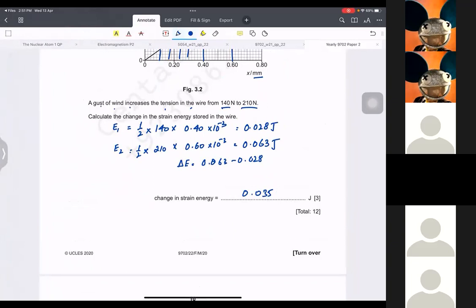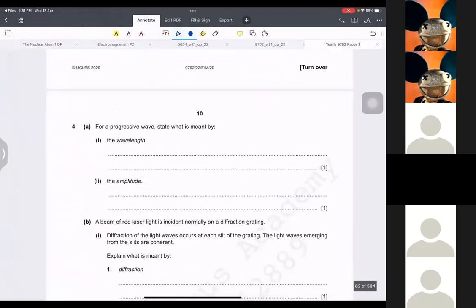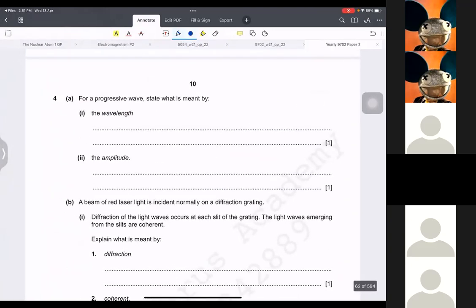All right. Now let's see what's the next question. My favorite question is here. For a progressive wave, what is meant by wavelength? So wavelength is basically the distance between two points in phase.